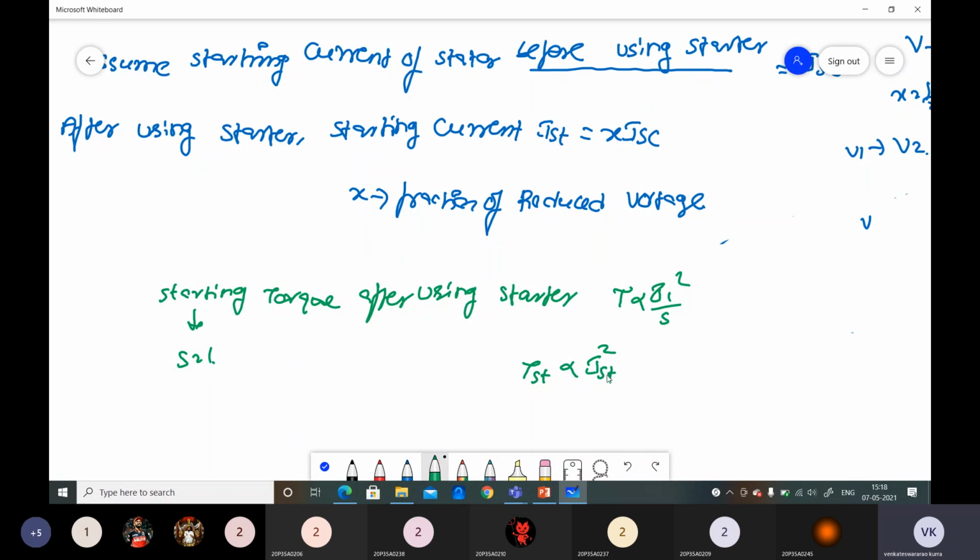IST means starting current after using the starter. So the starting current after using the starter in terms of the starting current before using the starter is IST equal to X ISC. So replace IST by X ISC, whole square.